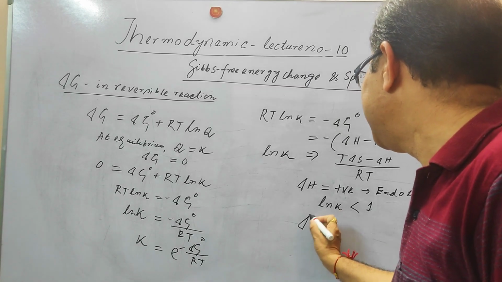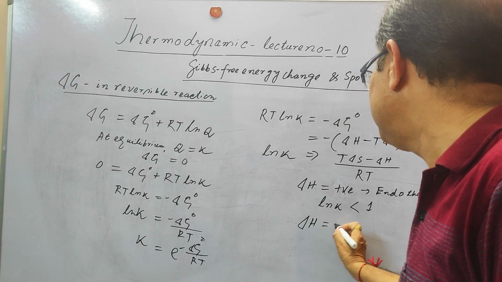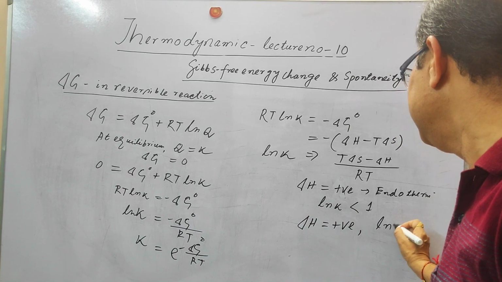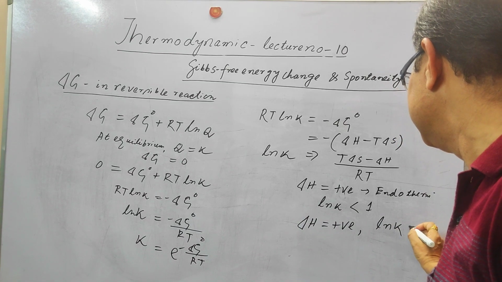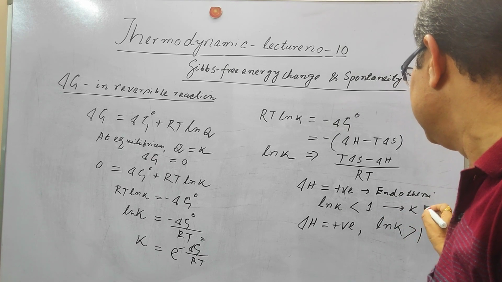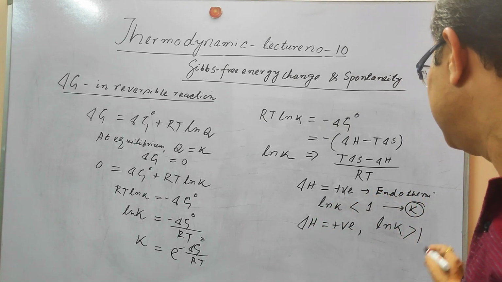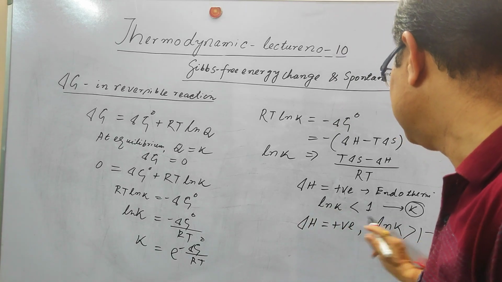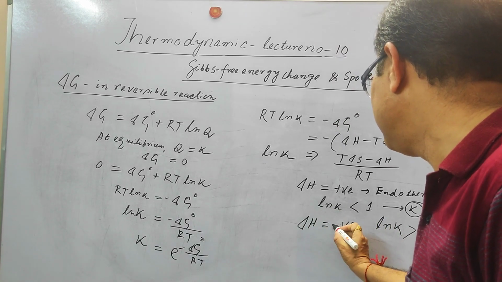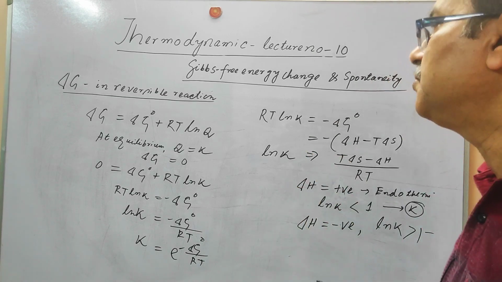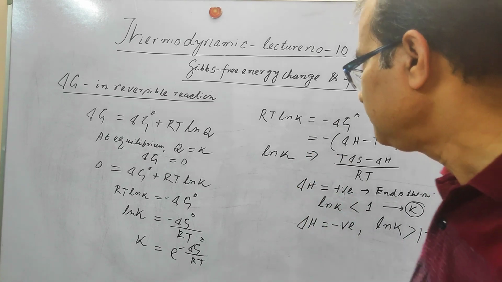But when the reaction is exothermic, at that time ln K is greater than 1. For the endothermic reaction the equilibrium constant will be less, and for the exothermic reaction the equilibrium constant will be higher. And from this relation, we are able to understand this.